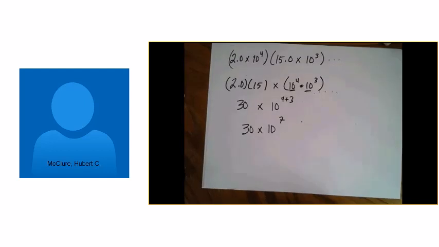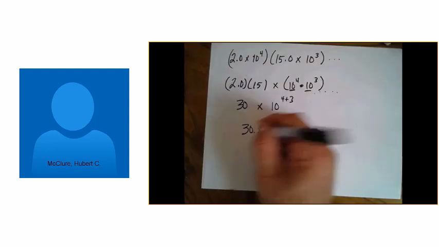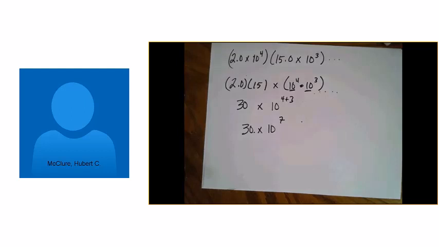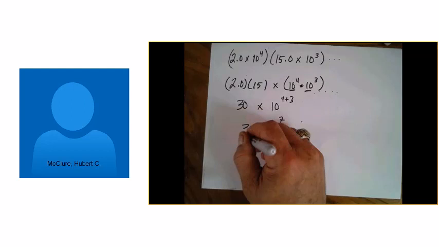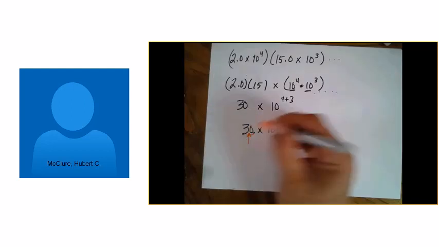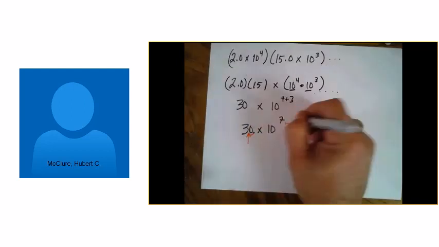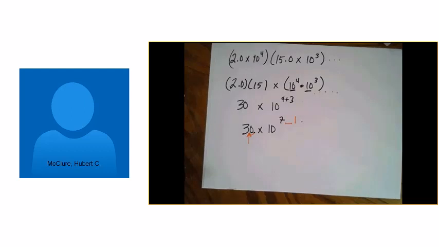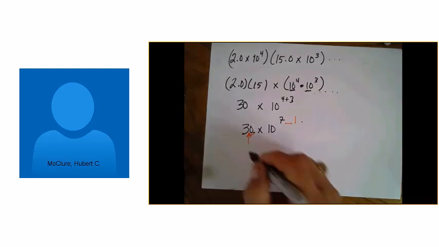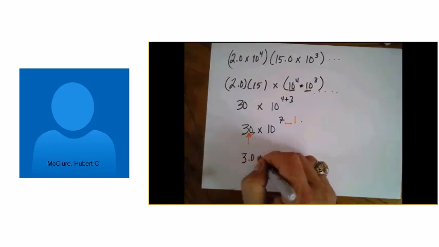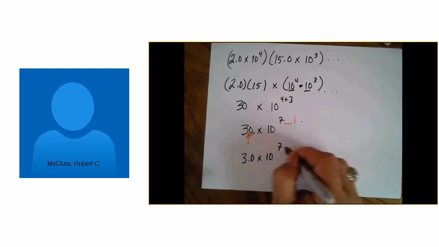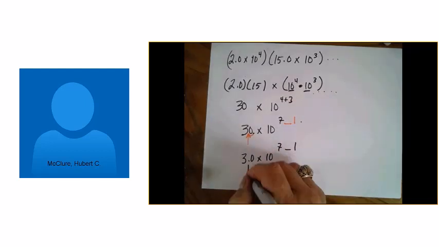Ask yourself, are we done? No. Because the decimal is right here, and it needs to be right here. One hump, so that would be 3.0 times 10 to the 7 plus 1.